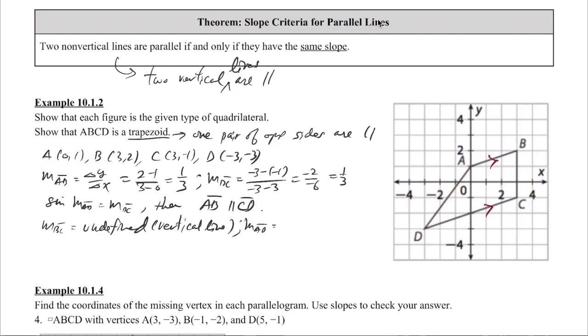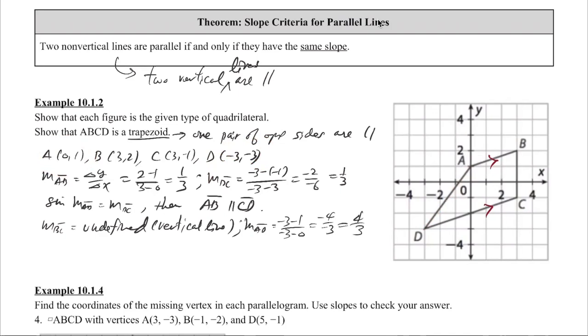Okay, guys. Once again, AD, so you go A and D. I'm going to go right minus the left, right minus the left. When you do that, it is -3 minus 1, oopsie, yeah, over -3 minus 0. That will give you -4 over -3, which is 4/3.